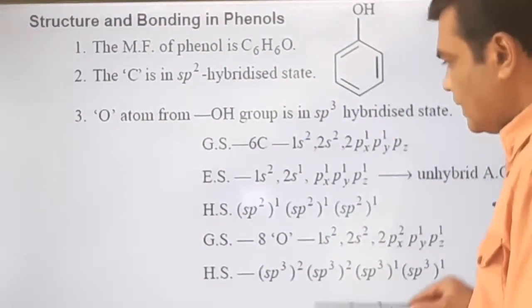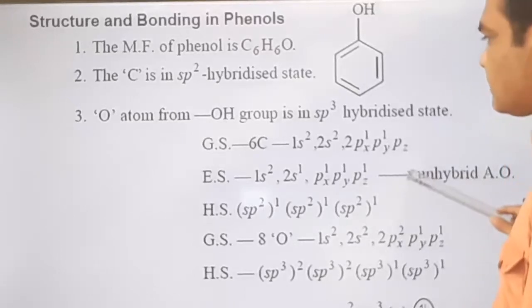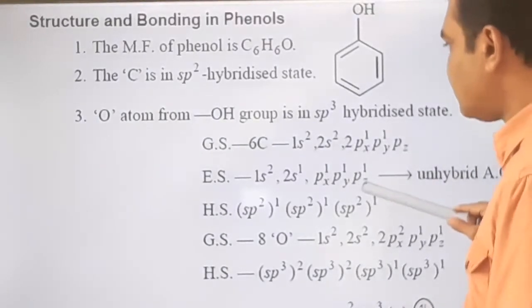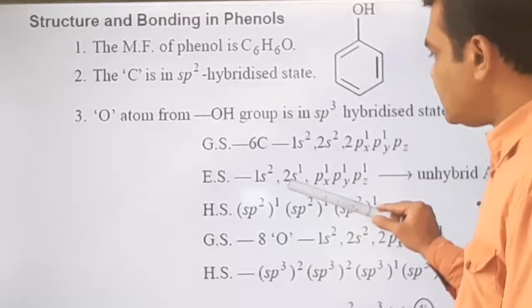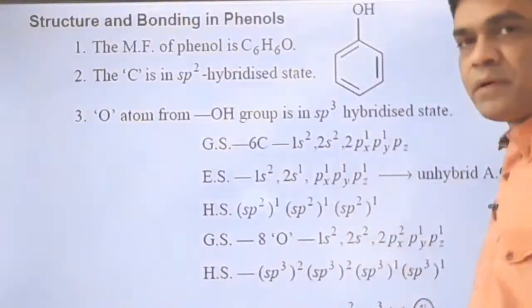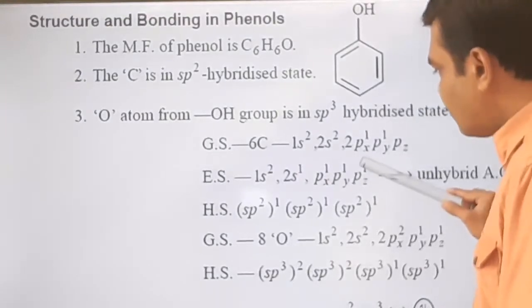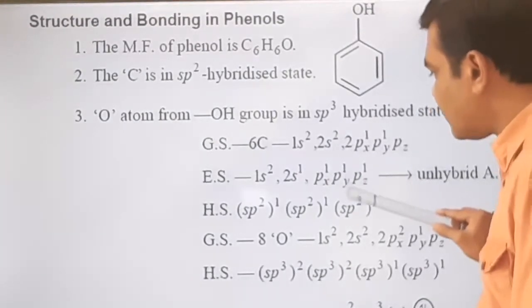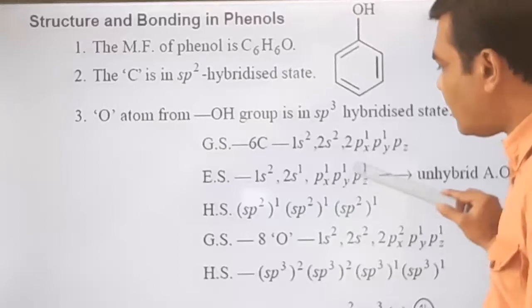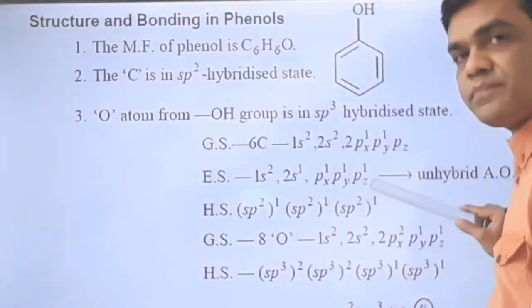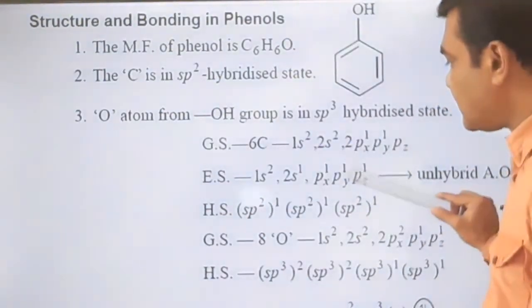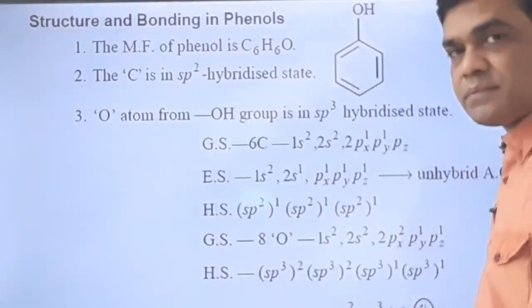Okay. Now, moving to the previous one, in the case of carbon, as I told you, this 2s and 2p atomic orbital mix and recast to give 3 sp2 hybrid orbitals. What about this pz atomic orbital which is not involved in the hybridization process? Pz having a single electron is not involved in the hybridization process.